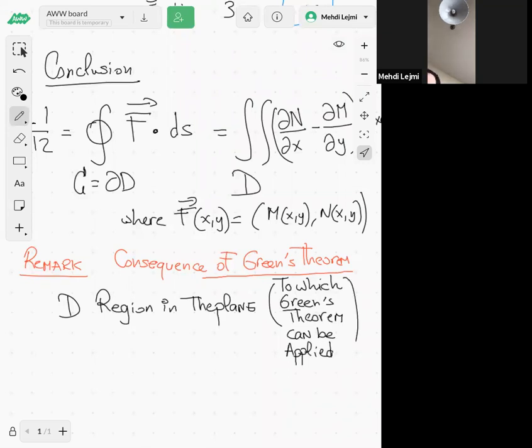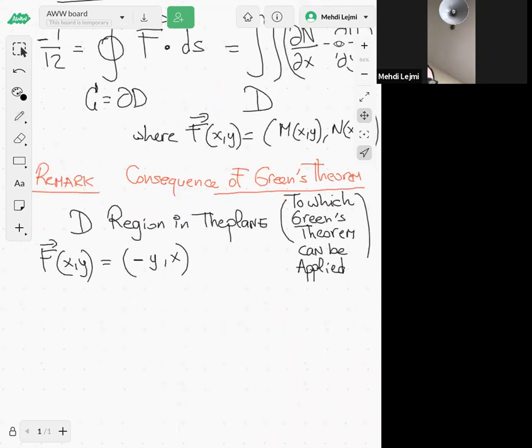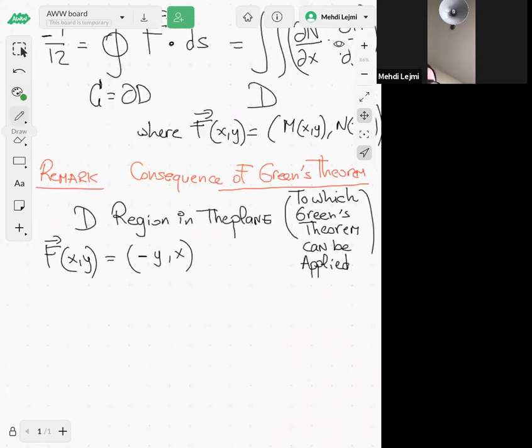So if you want to compute, for example, let's say take the force field F equal to minus y, x. So this is my m, and this is my n. All right.